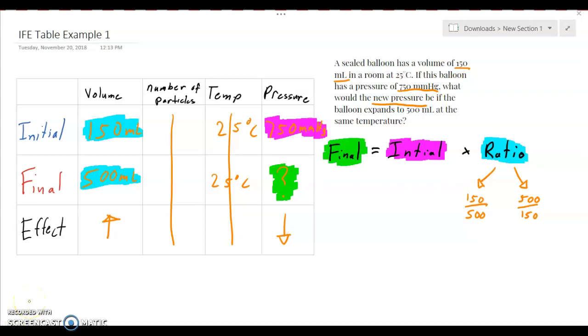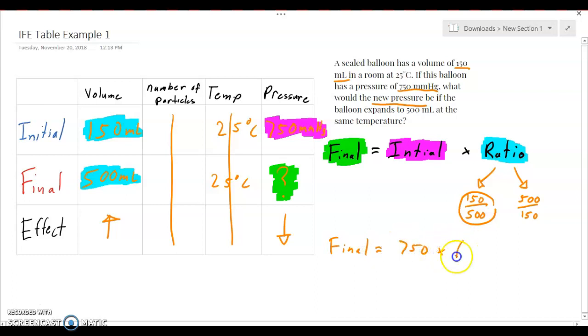Therefore, I know the number that I have to choose is the ratio that will make 750 millimeters of mercury a smaller number. And that is going to be this ratio right here. Let's write our final equation here. Final equals 750 times 150 over 500.